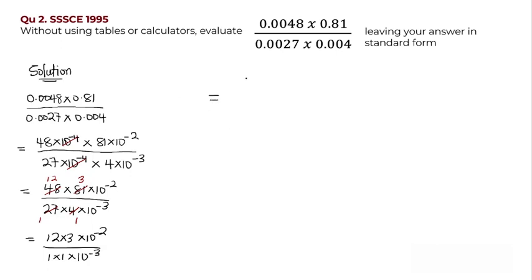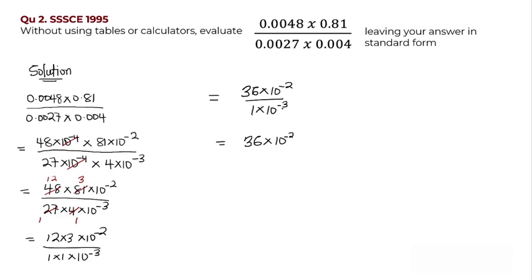So this is equal to 12 multiplied by 3, which gives 36 at the top, times 10 raised to the power negative 2. On the denominator we have 1 multiplied by 1 is 1, times 10 raised to the power minus 3. So over here 36 divided by 1 is 36 times 10 raised to the power minus 2.